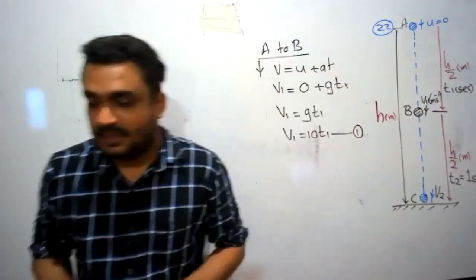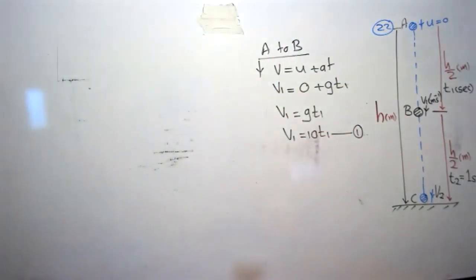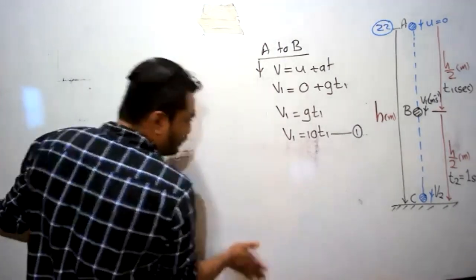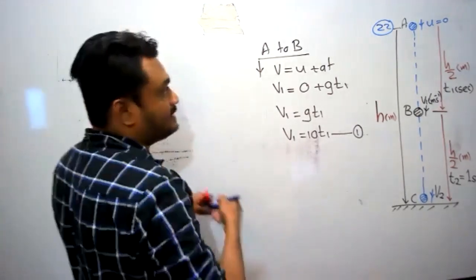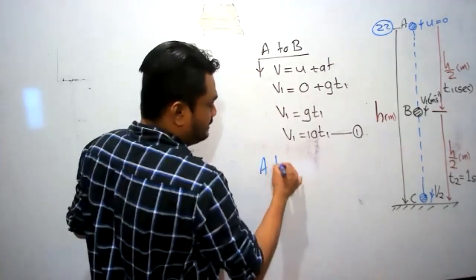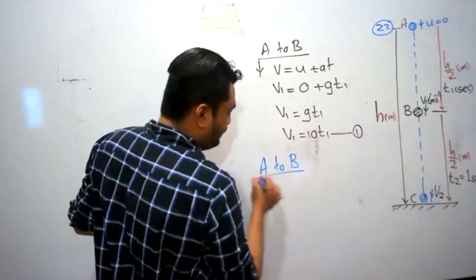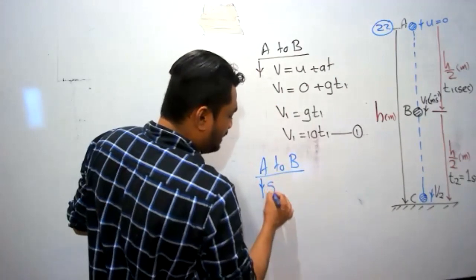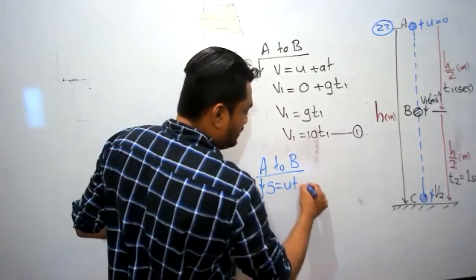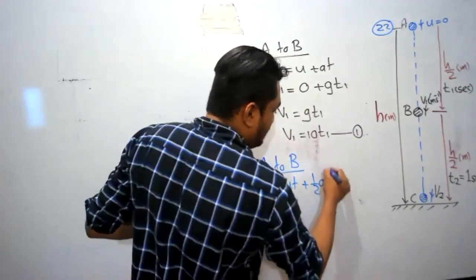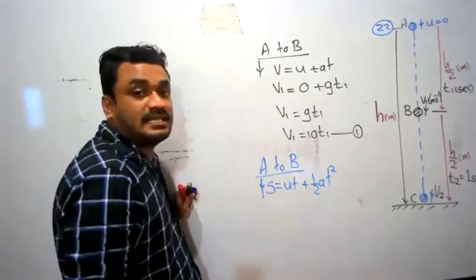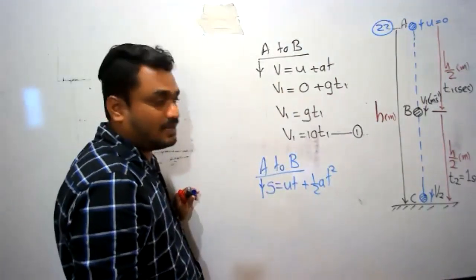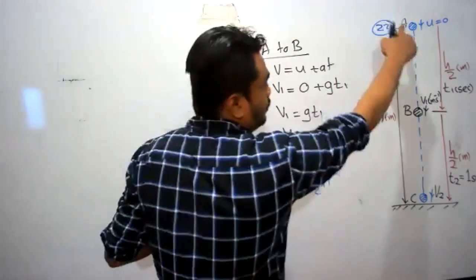We will be able to solve this problem within a few minutes, if we are not tired. Then I select the same section, A to B, vertically downward. I apply the equation S equals UT plus half AT squared.